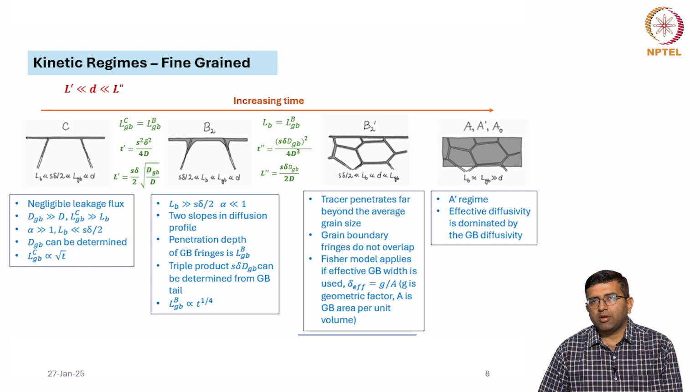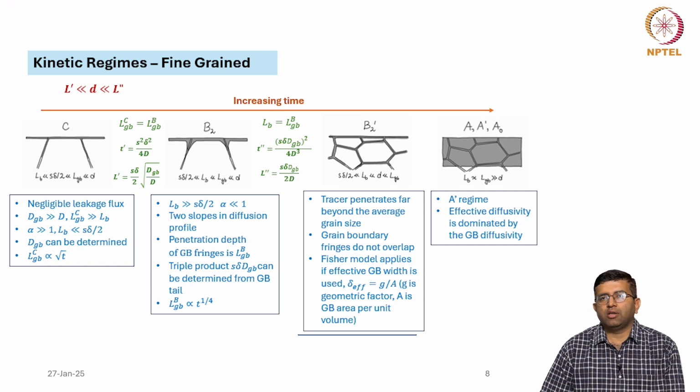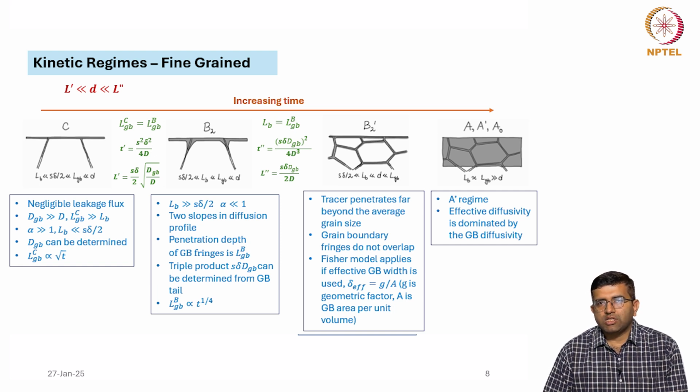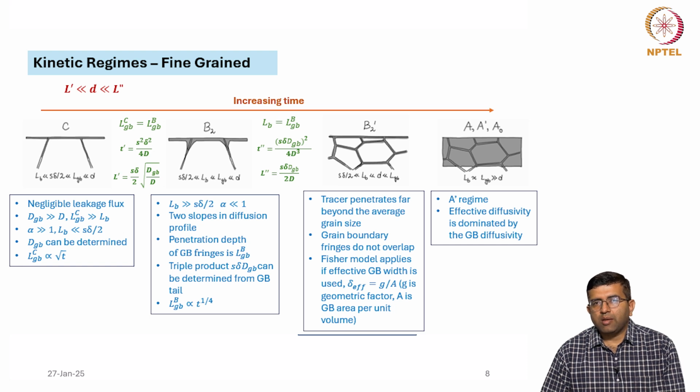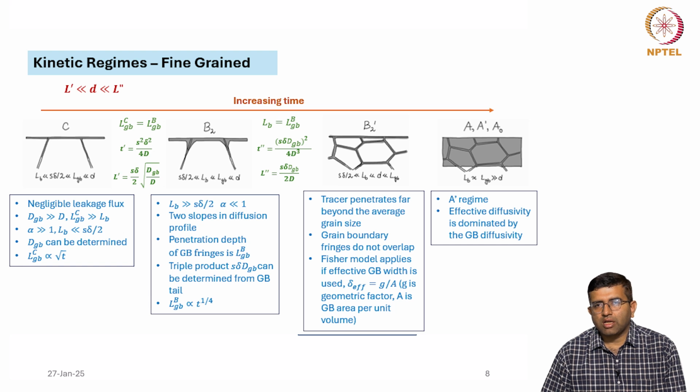So the tracer penetrates much more than the average grain size. Still, the grain boundary fringes do not overlap, and the Fisher model is applicable if we use an effective grain boundary width, which is written as G by A, where G is the geometric factor and A is the grain boundary area per unit volume.